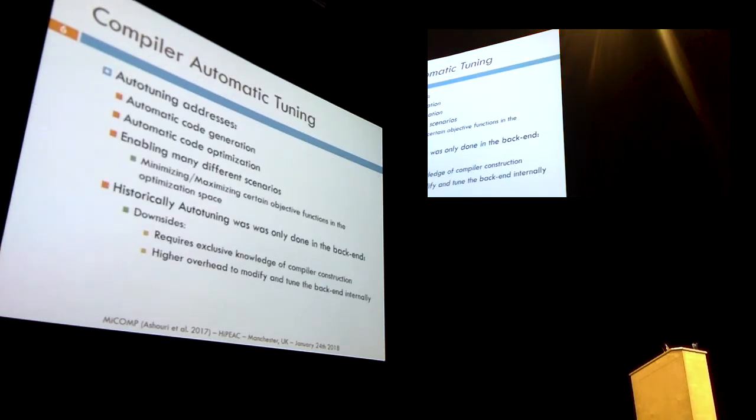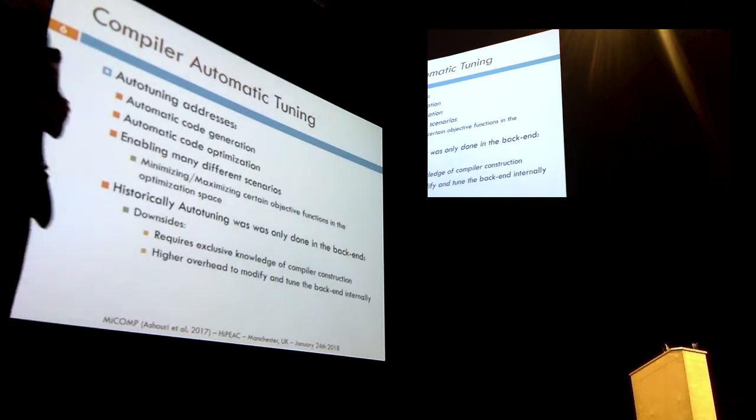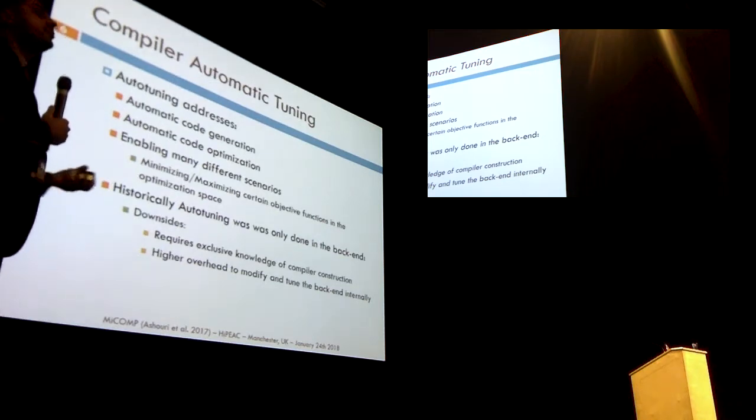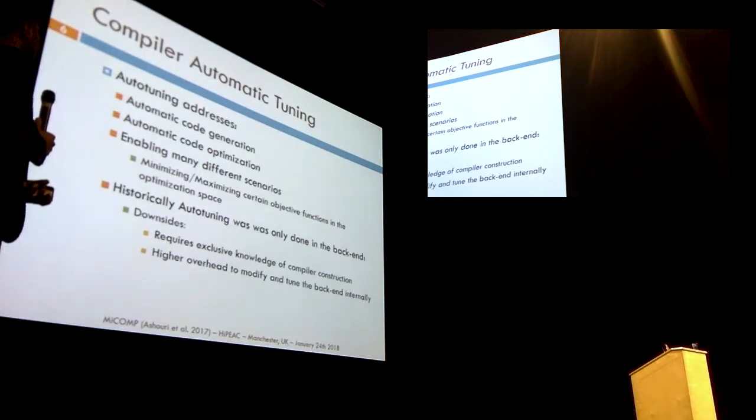That's where compiler tuning comes into play. A quick definition of tuning: it stands for automatic code generation and code optimization. At the same time, we are interested in optimizing certain objectives, minimizing energy consumption and maximizing performance.